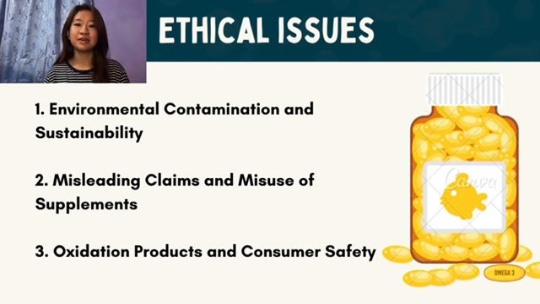Making plant-based or algae-based alternatives is more sustainable. Some companies also make misleading claims about these supplements, which can deceive consumers and promote unhealthy dependence. Additionally, oxidation during processing can produce harmful compounds, so manufacturers must ensure product safety and quality.